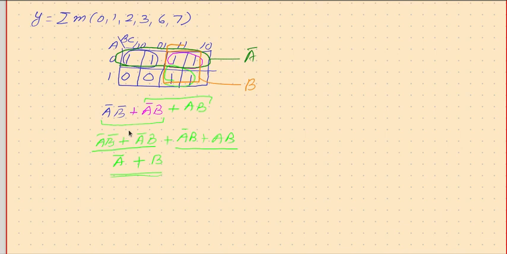As you can see here, in the first case C is eliminated, in the second case B is eliminated, in the first case C is eliminated, in the second case A is eliminated. That means in this one B and C both are eliminated, in this one A and C both are eliminated.